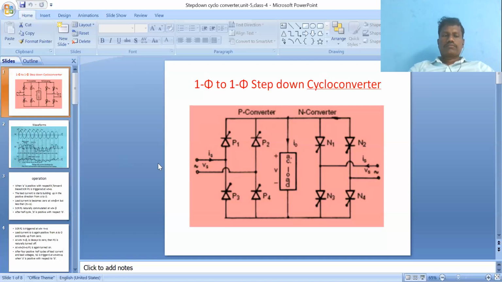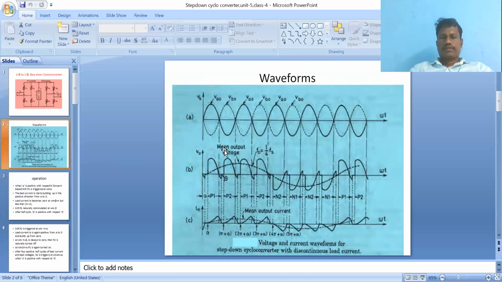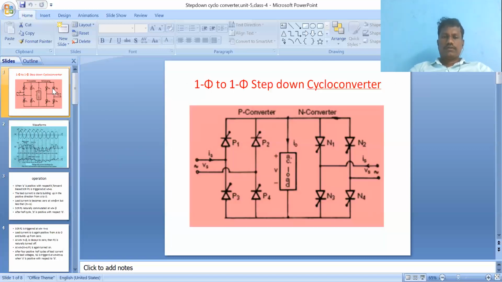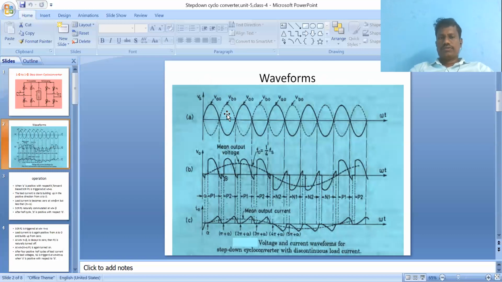Now the waveforms we are getting are VA0, VB0, VA0, VB0, like this. We have the supply voltage, the output voltage, and the output current.